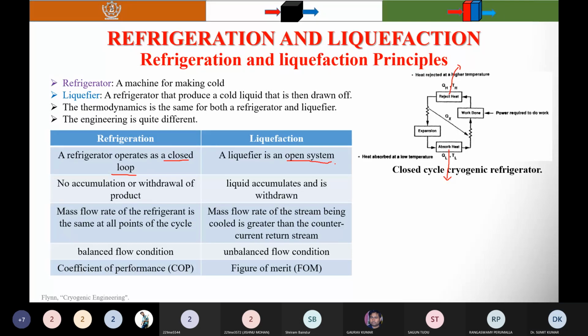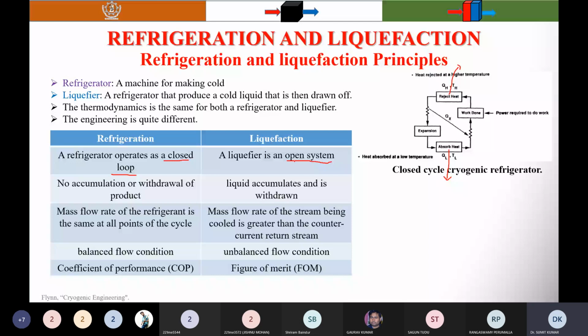So that's why it is written that a liquefier is an open system. In a closed system, the mass flow rate of the working fluid is the same throughout the refrigerator. But in a liquefier, the mass flow rate is not the same throughout.